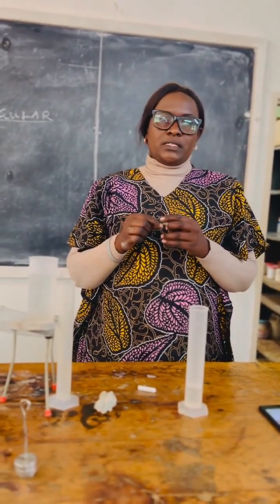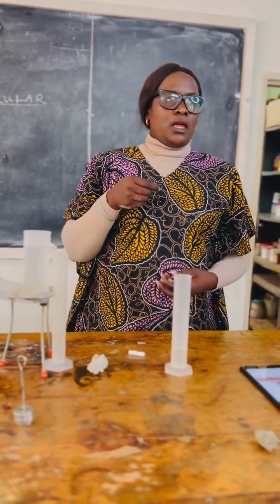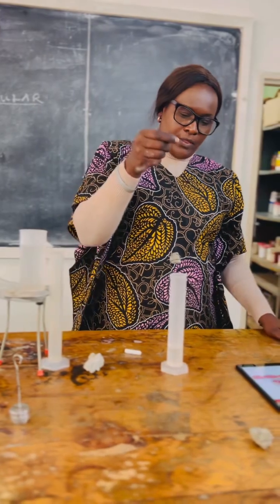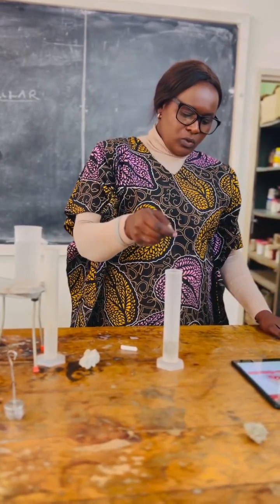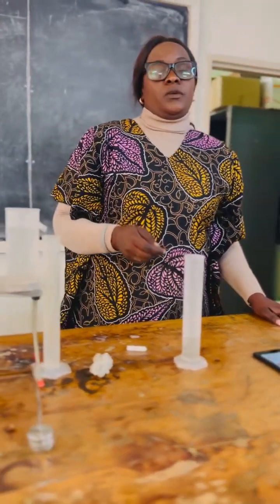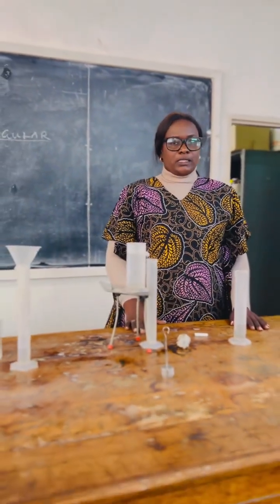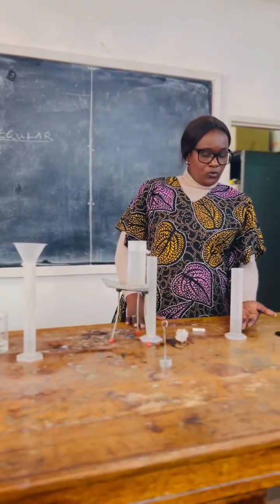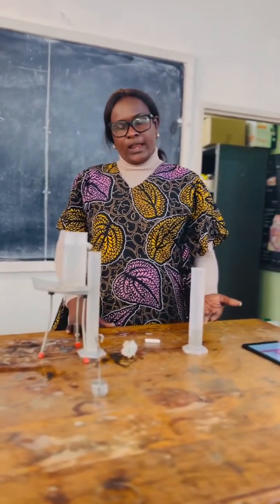And when that is done, I'll gently and slowly lower the stone into the measuring cylinder as we observe what happens to the volume of water. What happens is that the level of water rises from where it was to another level.